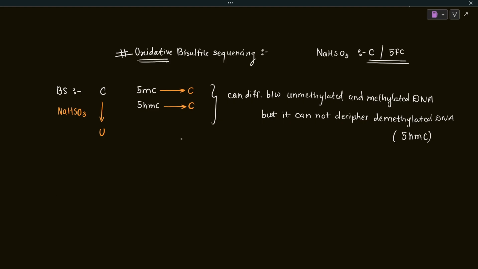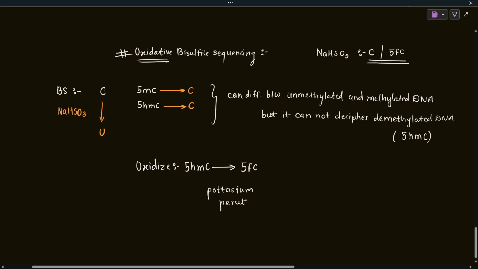It is clear from the name that there is one extra step involved compared to bisulfite sequencing, and that is oxidation. All of the other steps are the same, but we are going to oxidize 5-hydroxymethyl cytosine and convert it into 5-formyl cytosine by potassium perruthenate. The reagent we are going to use is potassium perruthenate, with the double R in perruthenate.